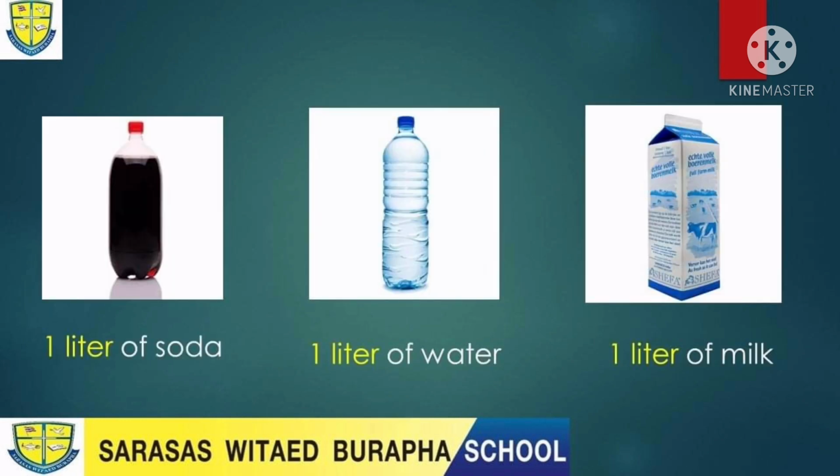So with our 3 examples, we have 1 liter of soda, 1 liter of water, 1 liter of milk. As you can see, they have different packaging or different types of container, but they have the same amount of volume inside of it, which is, what's the answer? It is 1 liter.